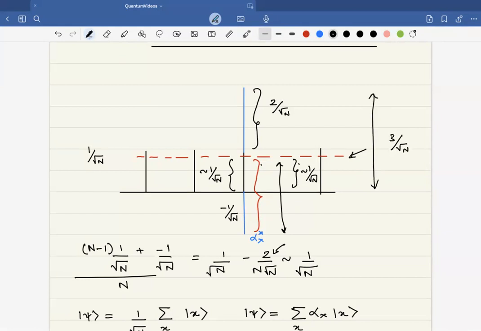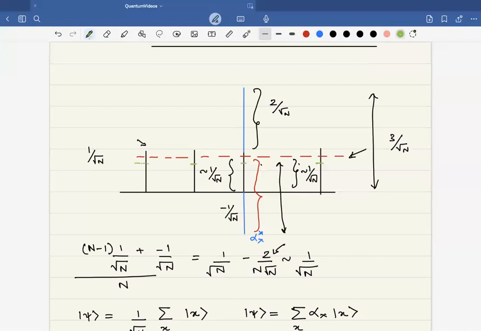Whereas the remaining elements will get reflected about the mean and go down a little bit. So after I do the reflection, the remaining elements will be over here somewhere. And then I repeat this process.